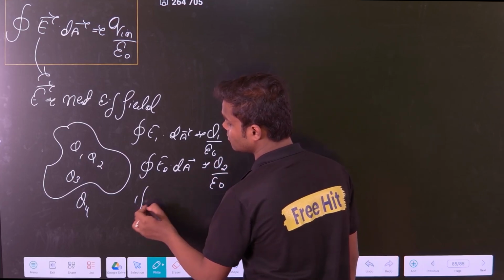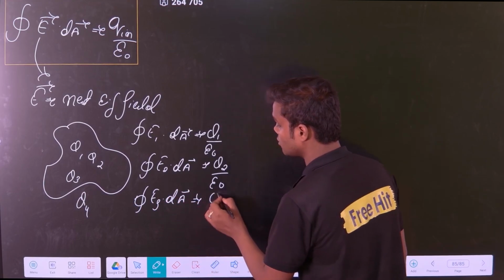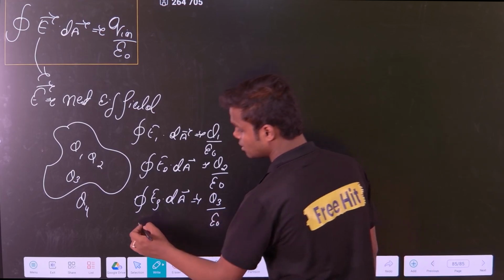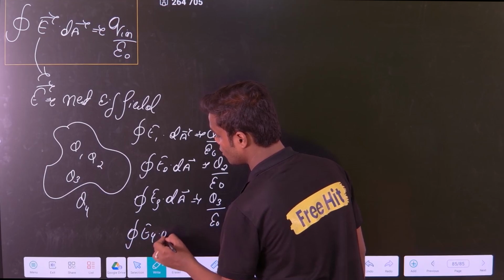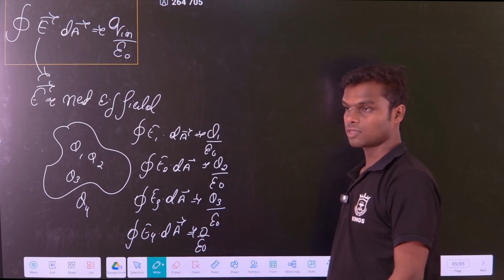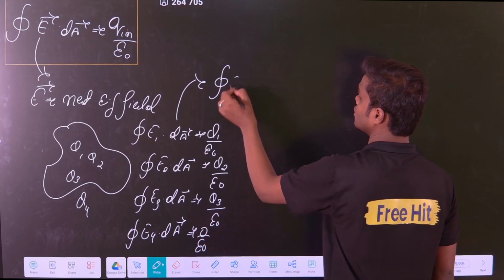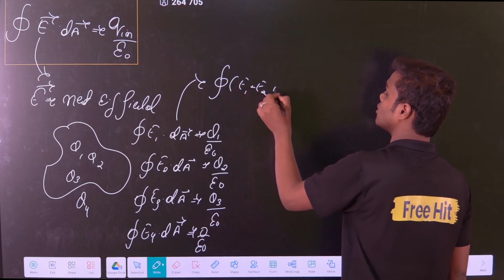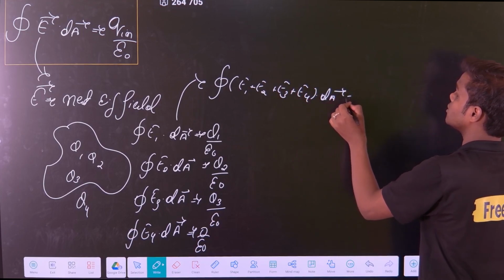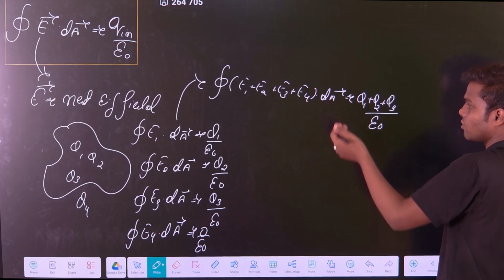Similarly, E3 dot dA is equal to q3 divided by epsilon naught. Similarly, E4 dot dA is equal to 0 divided by epsilon naught, correct? If you add this total, you will get the integral of E1 plus E2 plus E3 plus E4 dot dA vector equal to q1 plus q2 plus q3 divided by epsilon naught, and this is only the Gauss law.